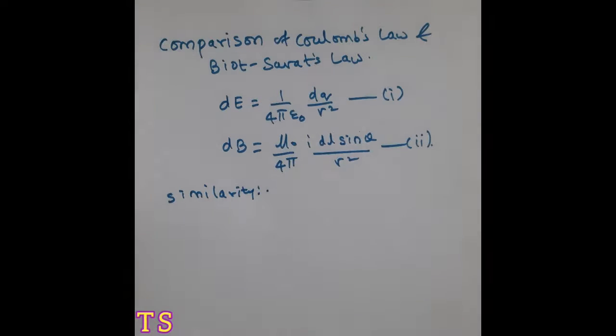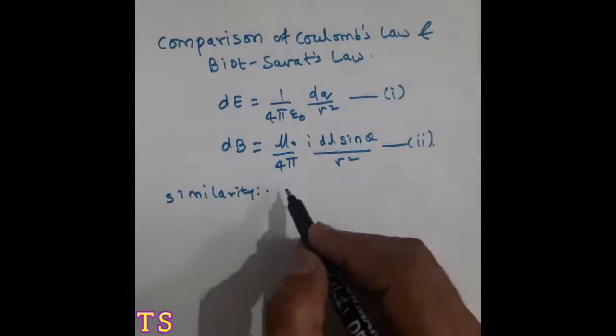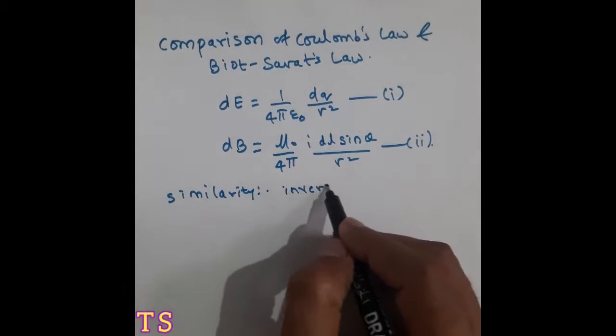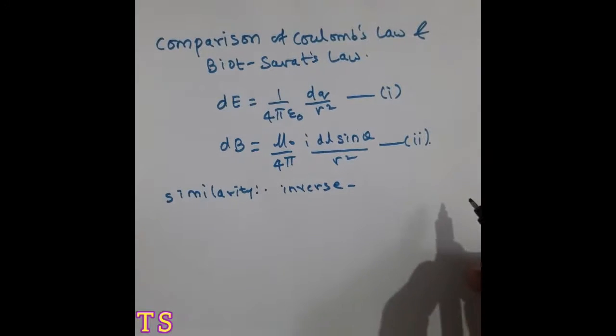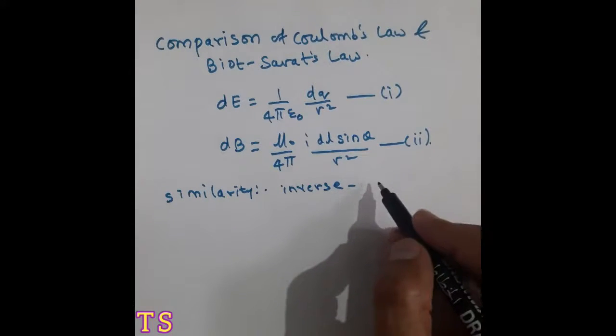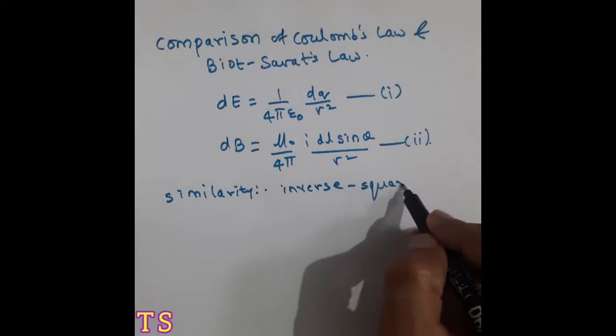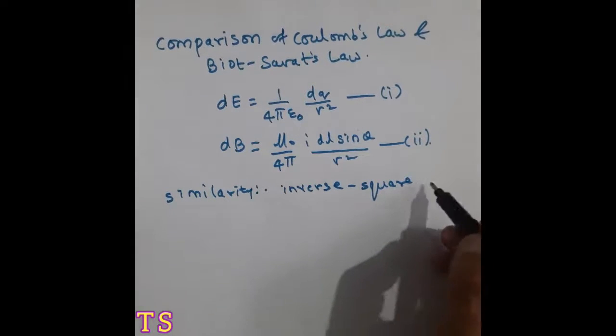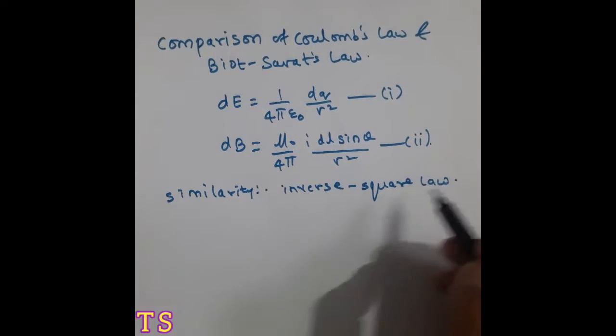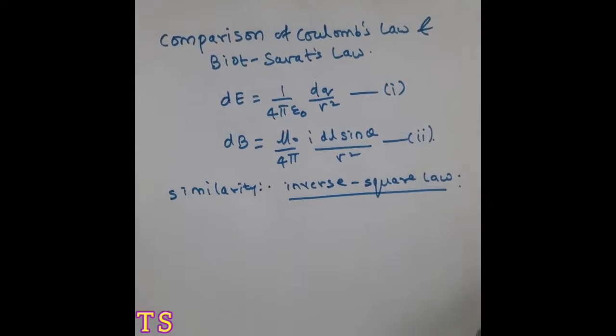They both are inversely proportional to r square. That means they follow the inverse square law. Inverse square law, that is the similarity you should know.